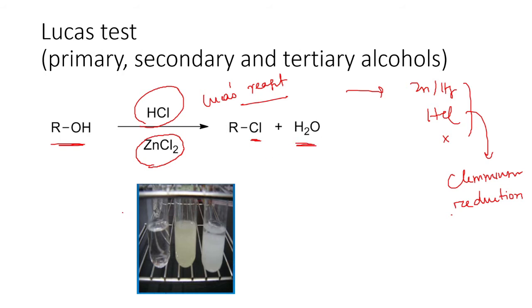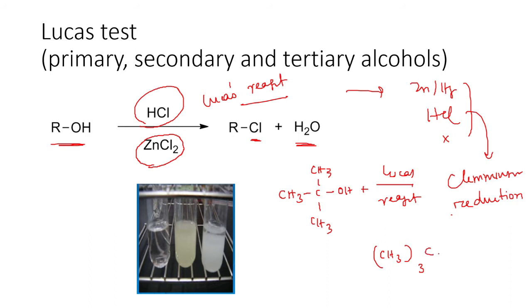The basic thing is, if you react a tertiary alcohol, for example tert butyl alcohol, and in an earlier video I explained what the tert butyl structure is. This is tert butyl alcohol, and when I add ZnCl2 HCl, or simply Lucas reagent, what I get is this, the condensed form of writing this simple tert structure.